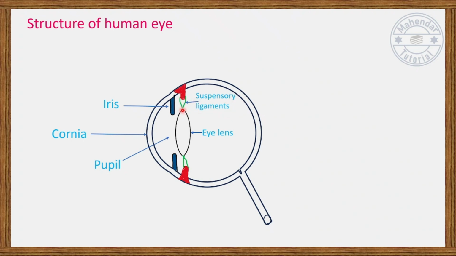These three green color ones you can see are the suspensory ligaments. One end of the suspensory ligaments is attached to the eye lens. Another end is attached to the ciliary muscles. This red color portion I indicated here, these are the ciliary muscles. Ciliary muscles can change the shape of the eye lens.